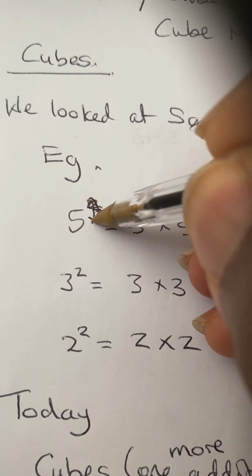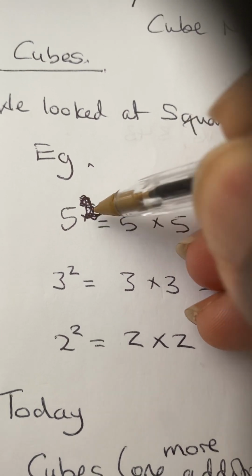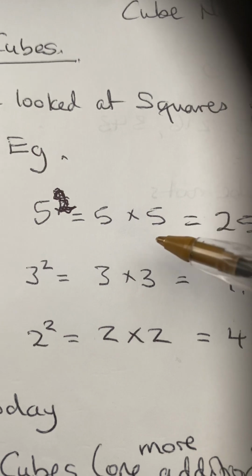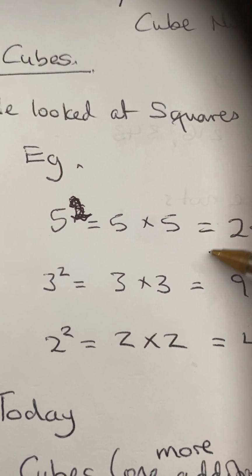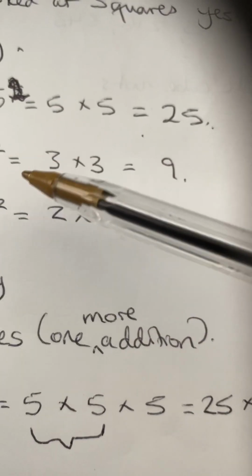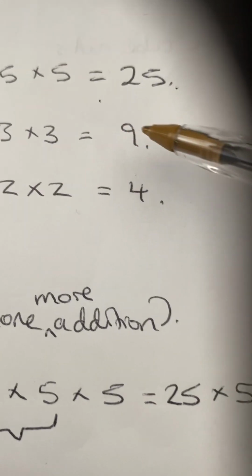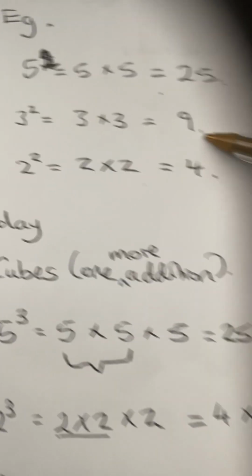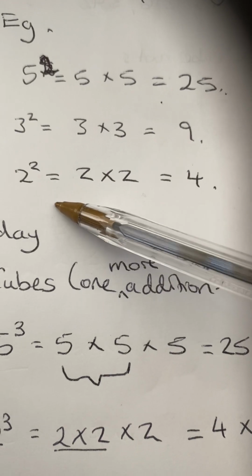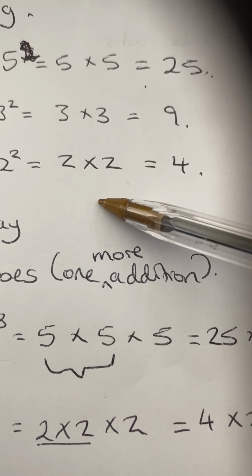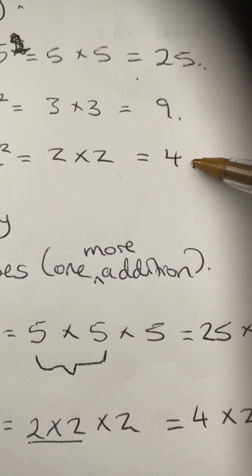I'm going to revise. 5 to the power 2, which is 5 times 5, 25. That was what we did yesterday. 3 to the power 2, 3 times 3, which is 9. 2 to the power 2, 2 times 2, which is 4.